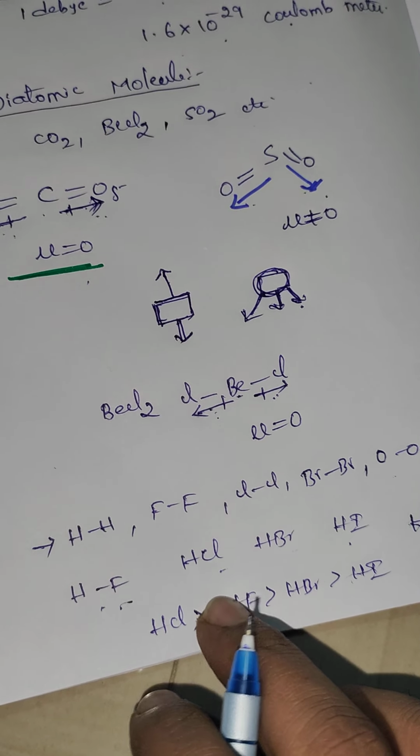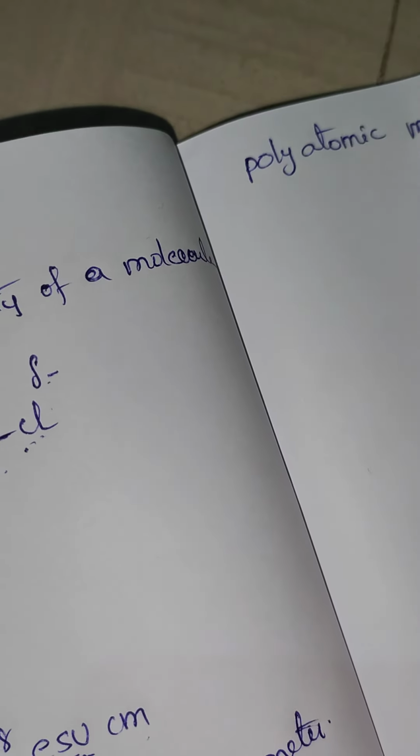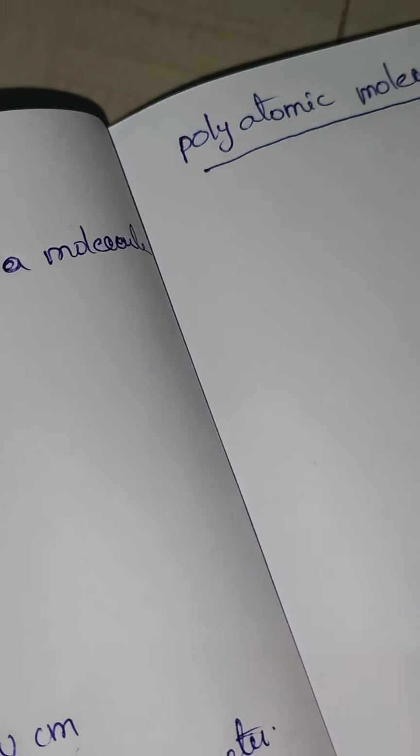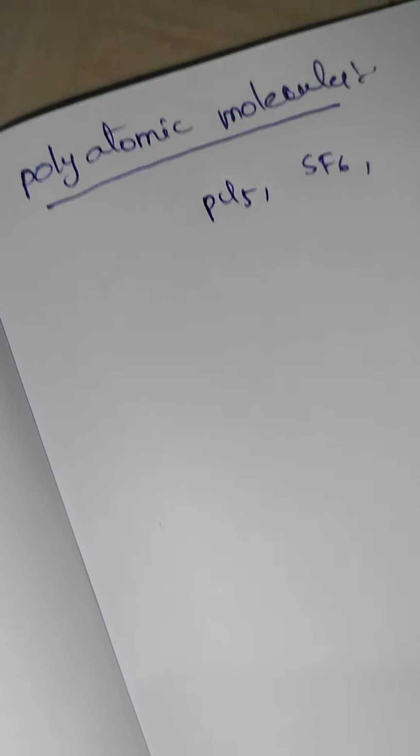Next we can calculate for polyatomic molecules. Polyatomic molecule examples: PCl5, SF6, SF4, IF7, etc. PCl5, SF6 and IF7 are symmetrical.